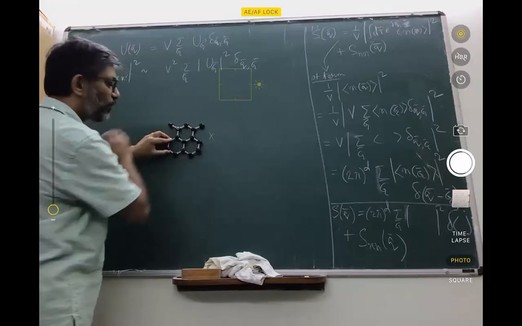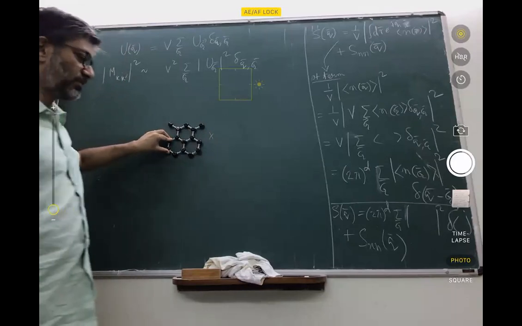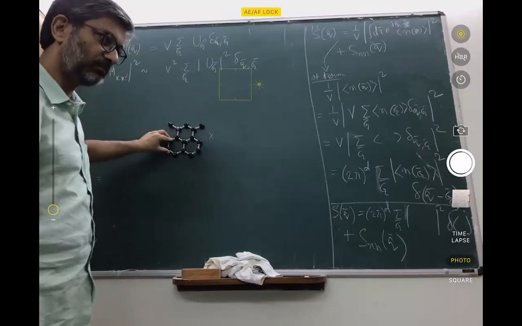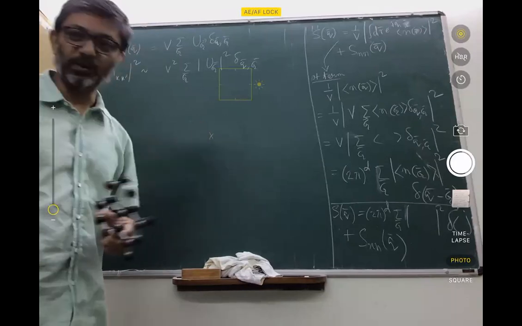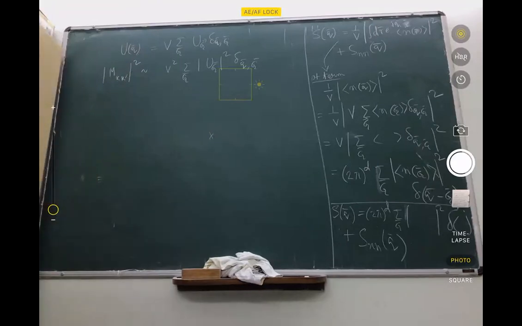So I need two atoms to describe this crystal. You have such situations. So how do you calculate S(Q) in these cases?